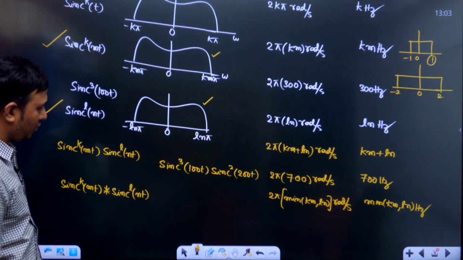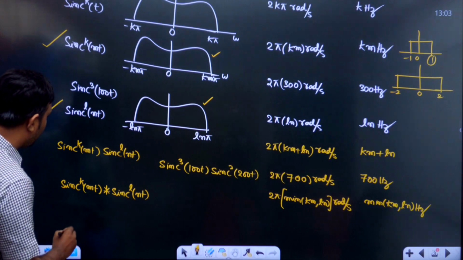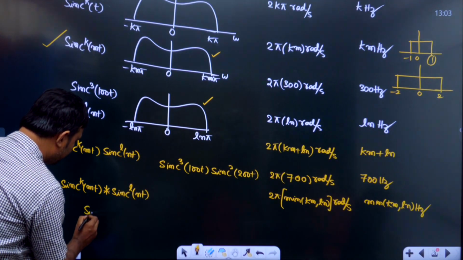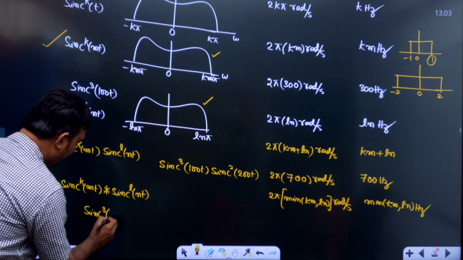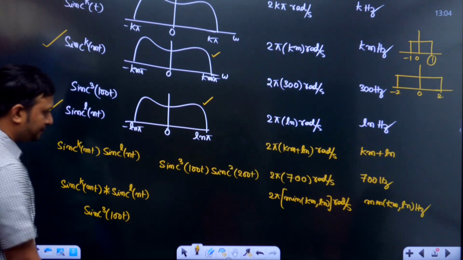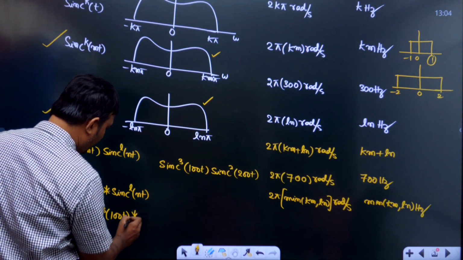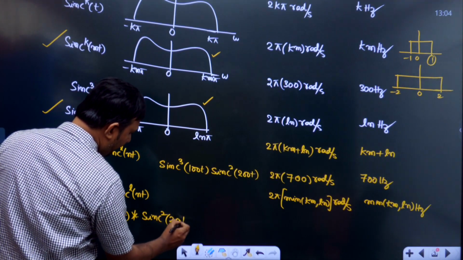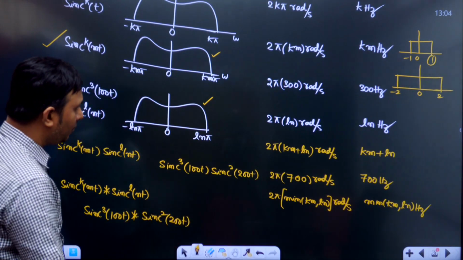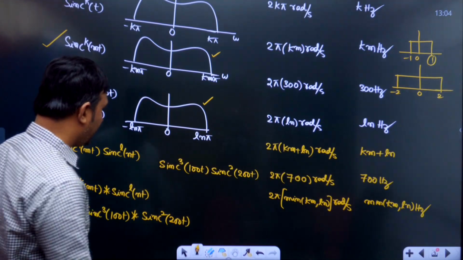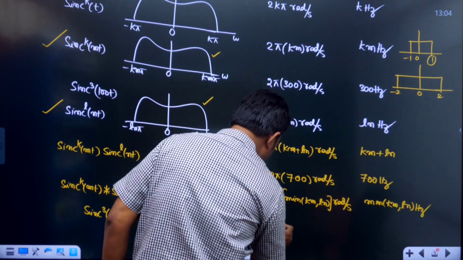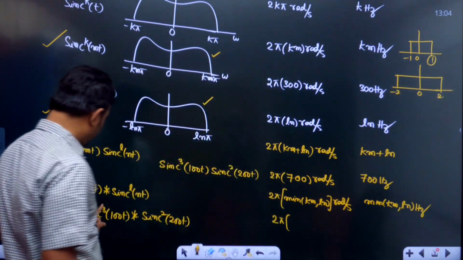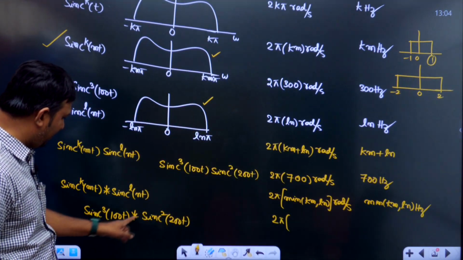Suppose I ask you one example: sinc cube of 100t convolved with sinc square of 200t. What will be the Nyquist rate? Here 2 pi times the minimum of Km, Ln.